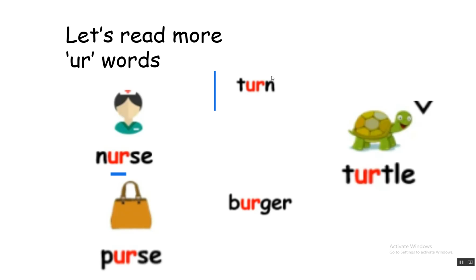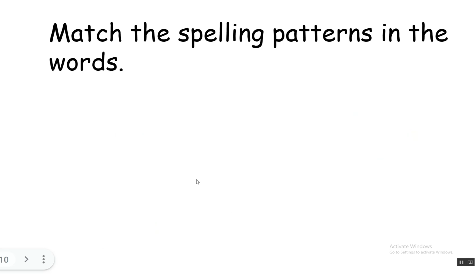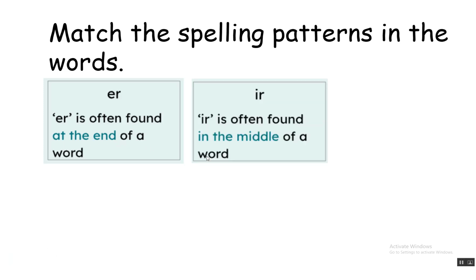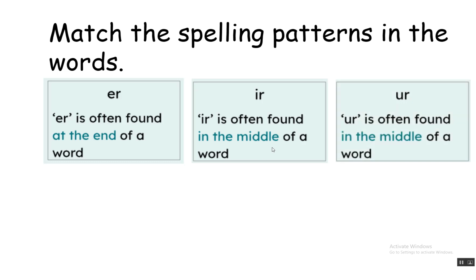One syllable, SE is the ending for those ones. So that's the UR. Match the spelling patterns in the words. So remember, ER is found at the end of a word or in two syllables. IR is found in the middle of a word. UR is found at the middle of a word.